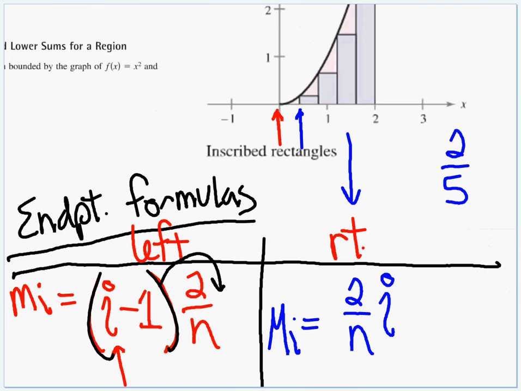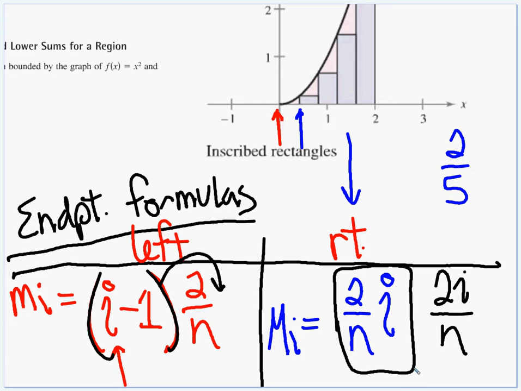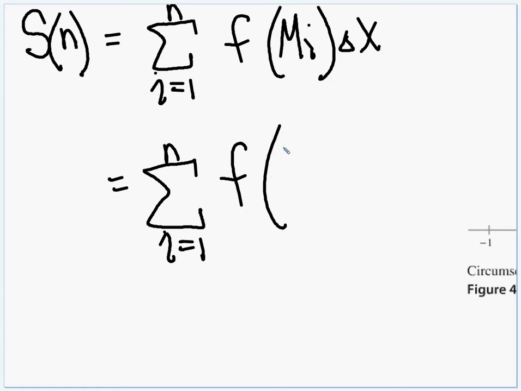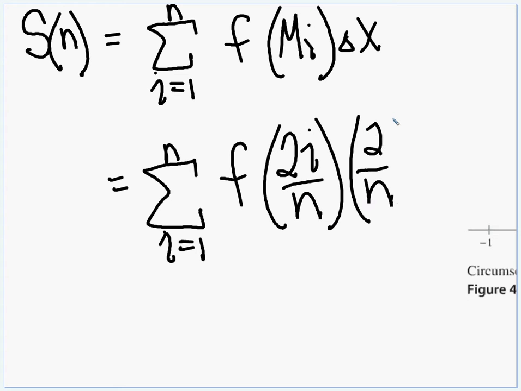Now we're going to go back and use this endpoint formula, just 2i over n. Yeah, we can put that i up there with the 2i over n. So we're going to have our summation from i equals the first to the nth rectangle, f of 2i over n times delta x is 2 over n.